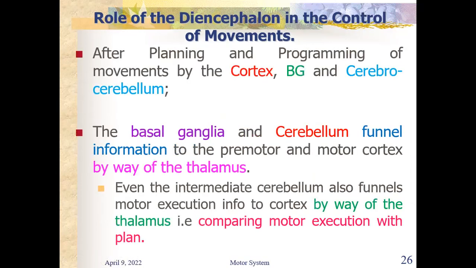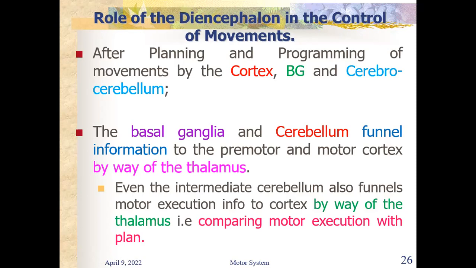So after planning and programming of movements by the three of them, the cortex, basal ganglia, and cerebellum, the basal ganglia and the cerebellum funnel information to the premotor cortex. We had already explained that in the previous lecture.